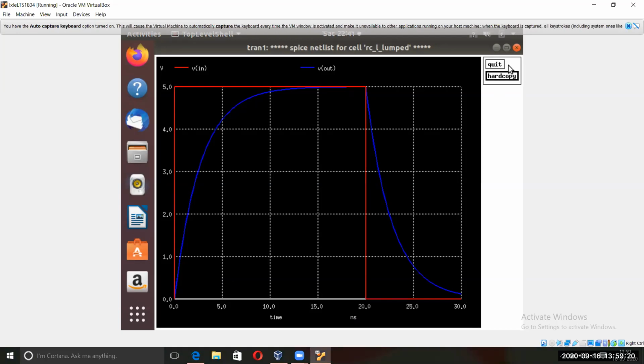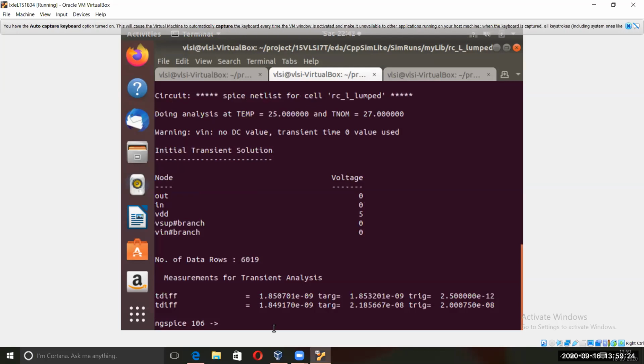And if we minimize this, we can see here, what was the TPHL and TPLH in our figure? 1.9 around. So if you calculate, actually 1.85 for both. So we can see that here the TPHL and TPLH are same. Okay, 1.85, 1.849, 85.